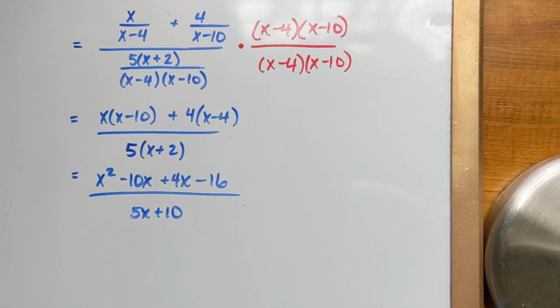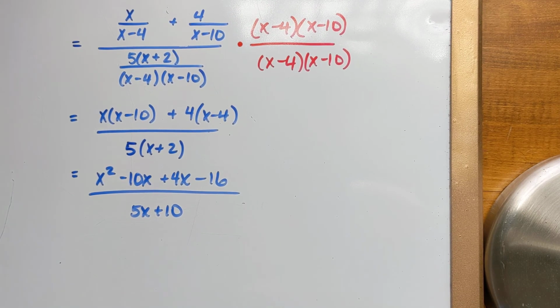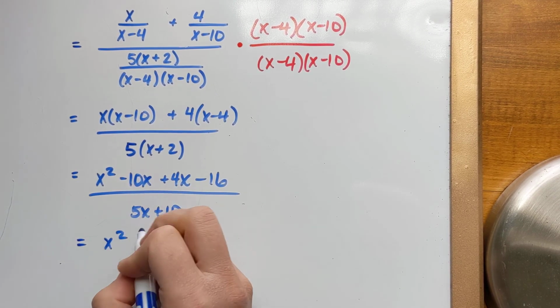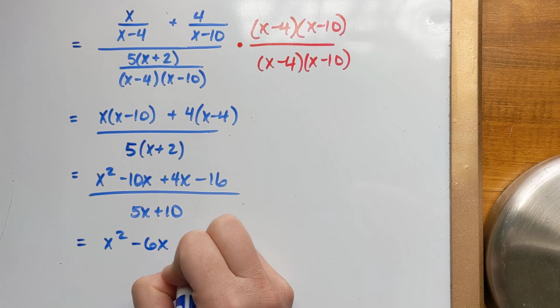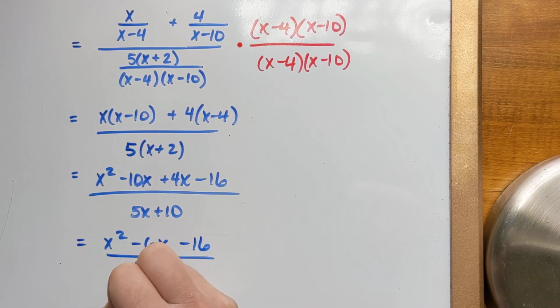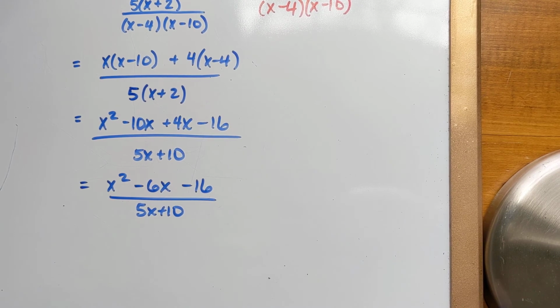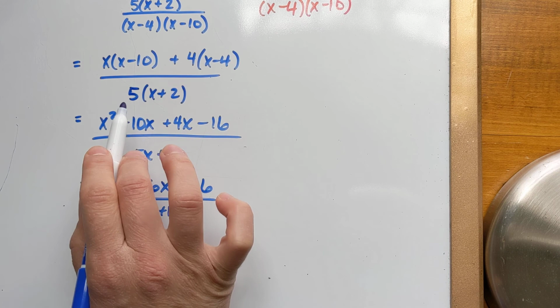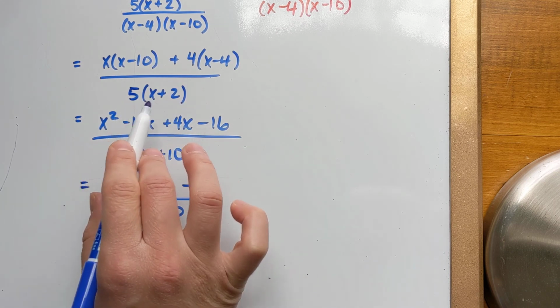My hope is that something cancels, but if it doesn't, that's okay too. All right, x squared, this would become minus 6x minus 16 all over 5x plus 10. And you should be seeing now that this is probably going to factor, and it might cancel with what this was. So I'm actually going to put this back.